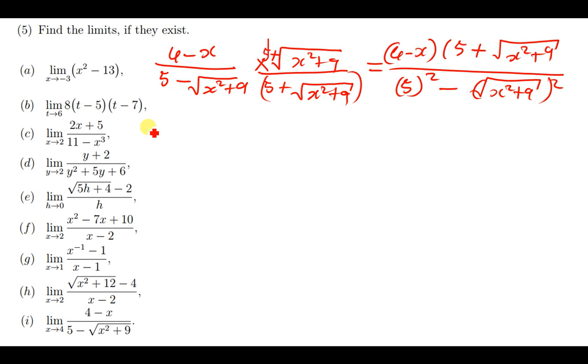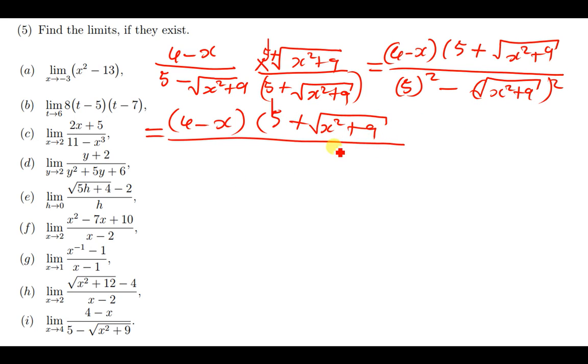So simplifying this is going to give us 4 minus x in brackets, then we have 5 plus the root of x squared plus 9, then everything over 5 squared, this is going to give us 25, then minus, when you simplify this you're going to have x squared plus 9.